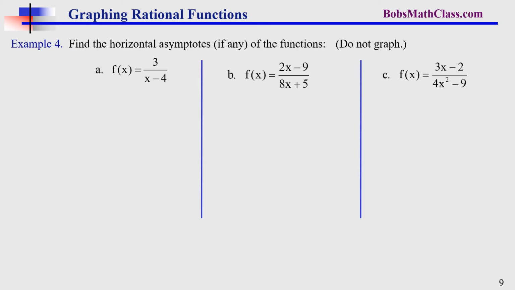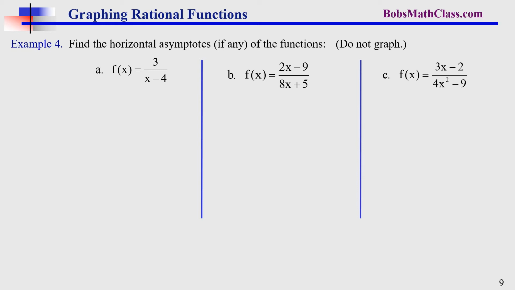All right, so let's find the horizontal asymptotes. Again, we're not graphing. We're getting ready to graph. We're getting closer. So let's look at part A. What is the degree of the numerator? Well, there is no variable, so the degree of the numerator is 0.